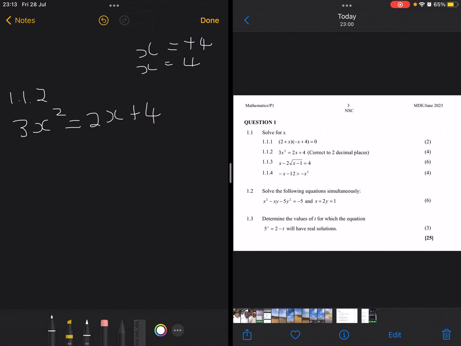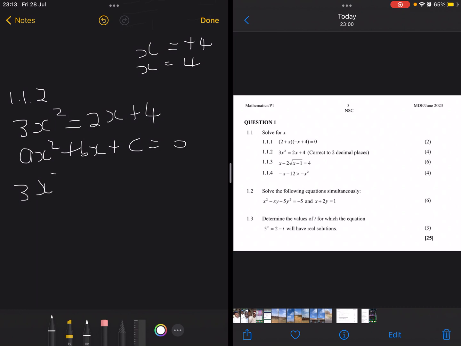So first things first is to put this equation into its standard form, which is ax squared plus bx plus c equals to 0, so that you can be able to identify a, b, and c. So how do we do that for this equation?